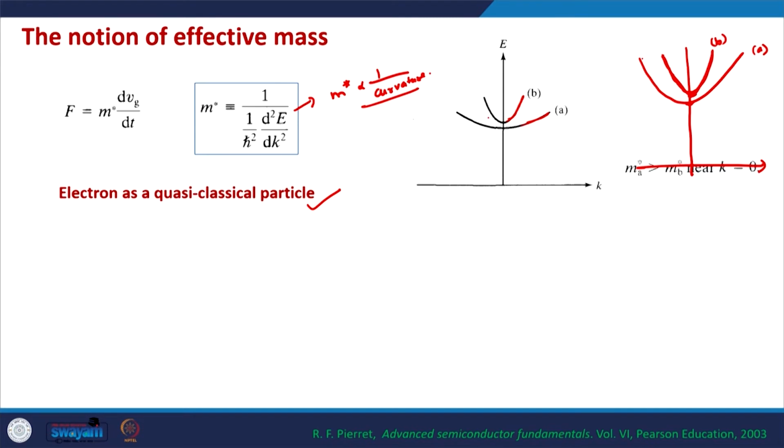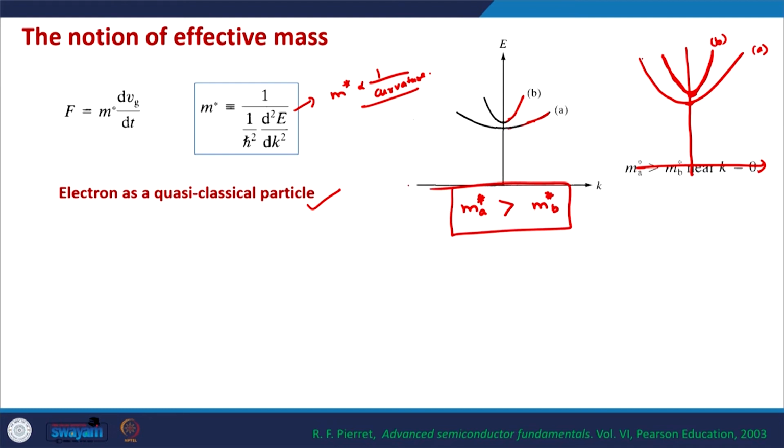The curvature, or d2E by dk square, for B would be more as compared to the curvature of plot A, which means the effective mass of electrons at the bottom of band A will be more than the effective mass of electrons at the bottom of band B, because the curvature of A is less, so effective mass would be more. Curvature of B is more, so effective mass would be less as compared to A.